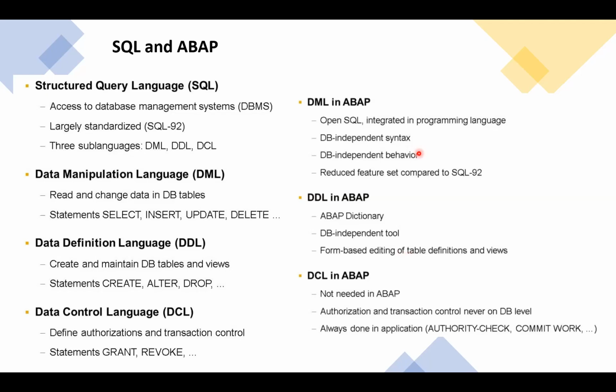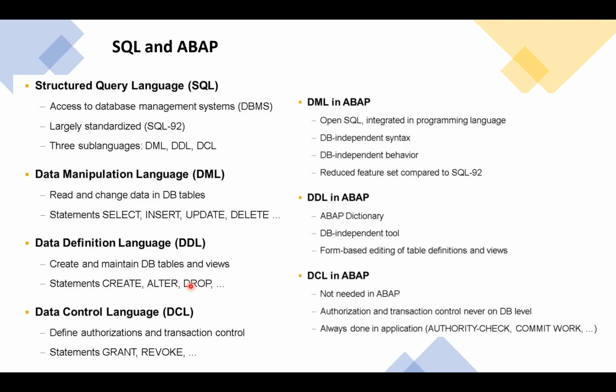We know kind of all these abbreviations: what is SQL, what is DML, what is DDL, what is DCL. Here, if you see clearly, DML is data manipulation language. With manipulation, we will be influencing all these select, insert, update, delete statements on the database. And DDL, data definition language, will be create, alter, drop, all these statements to create anything.